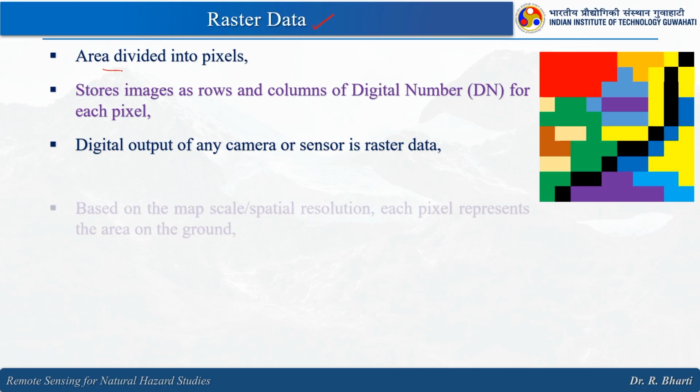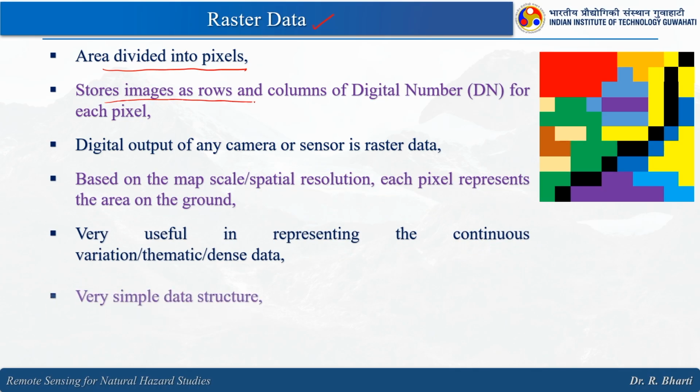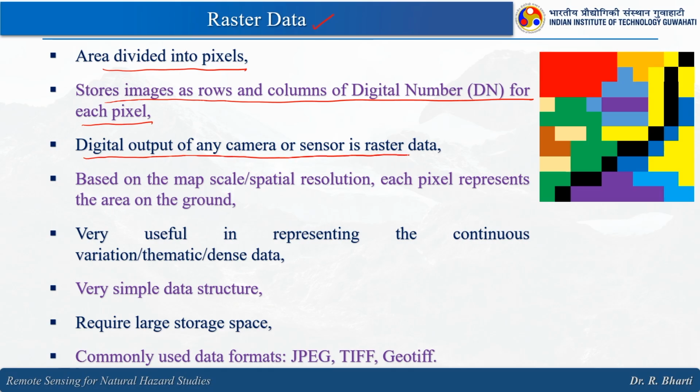So we have also learned about the raster data. The area divided into pixels, it stores images as rows and columns of digital number for each pixel. Then digital output of any camera or sensor is a raster data. So, all the satellite images are raster data, right, satellite images. Based on the map scale or spatial resolution, each pixel represents the area on the ground.